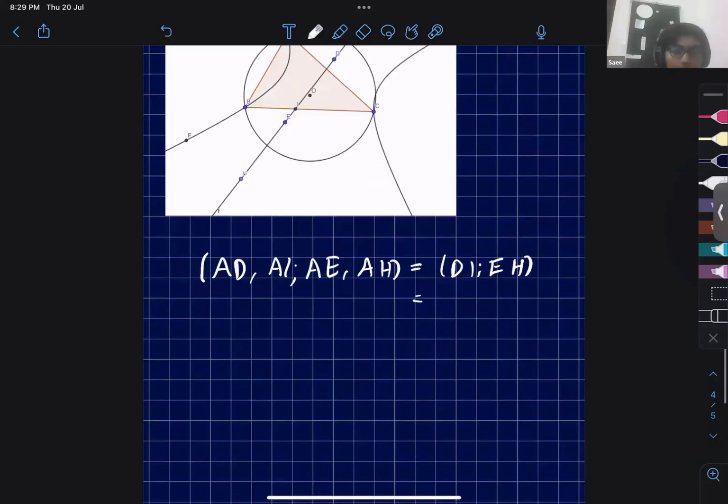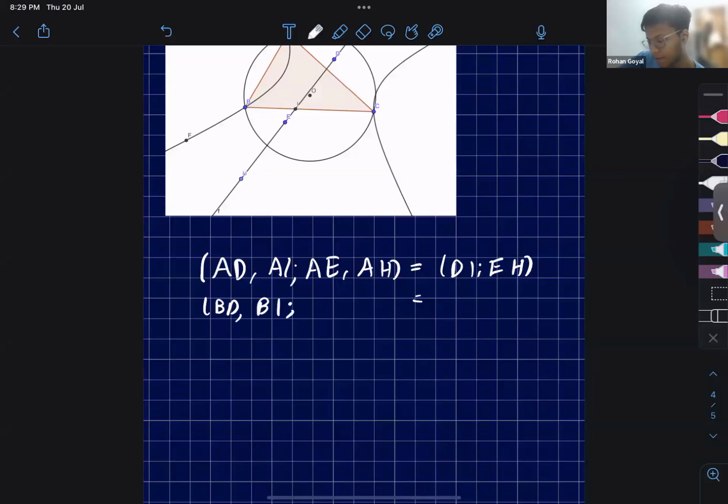This is also the same as D(D, I, E, H), and similarly with C.